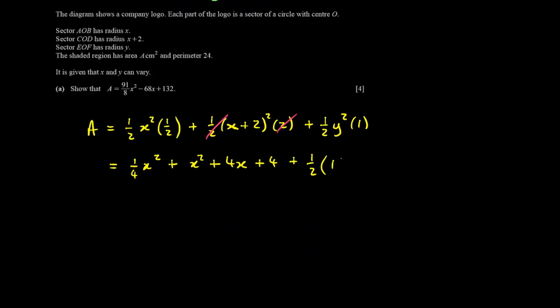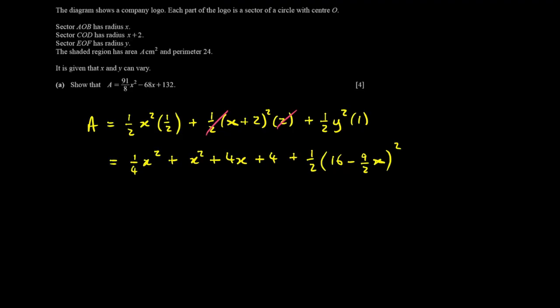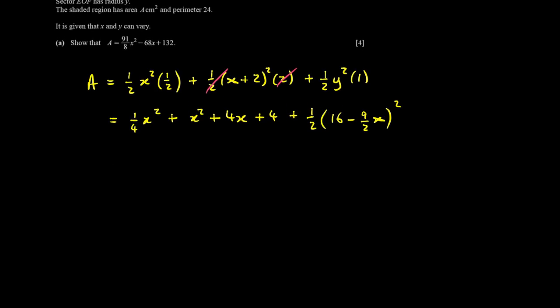So this is (16 minus 9 upon 2x) all squared. Okay, well, let's try to simplify. A quarter x squared plus x squared is 5 upon 4 x squared plus 4x plus 4 plus a half of, well, let's expand this whole thing.